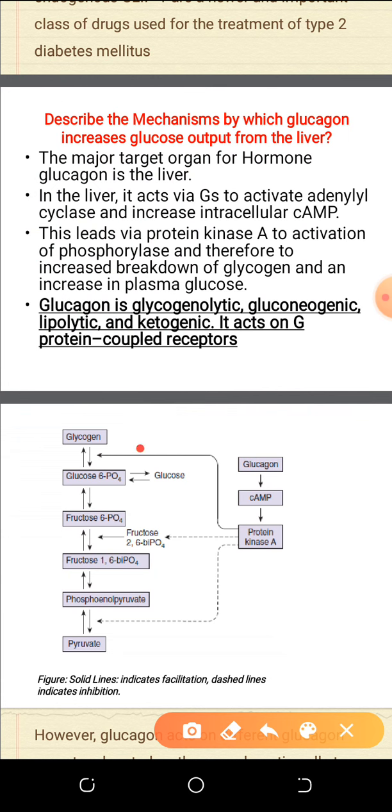Glucagon activates gluconeogenesis, which is the reverse of glycolysis. Not really reverse, but most of the steps of glycolysis are reversed.